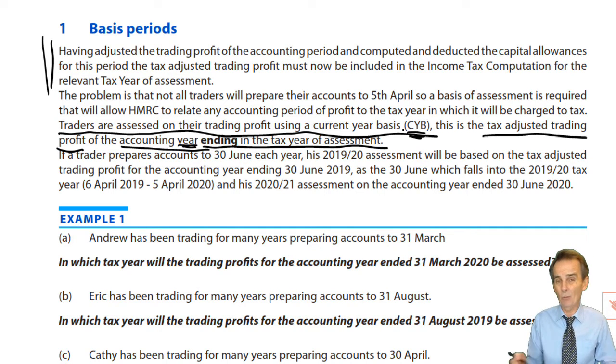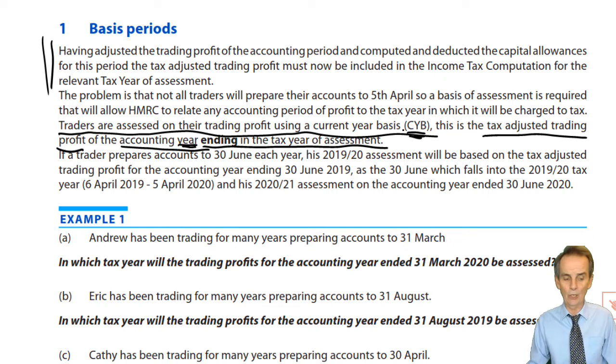And in all honesty, that's what most of this chapter is actually about, dealing with those situations of opening and closing years of either a new unincorporated trade commencing that trade or an old trade ceasing that trade. But if it's just a normal continuing business with an accounting year end, year after year after year, then the normal basis CYB may be used.